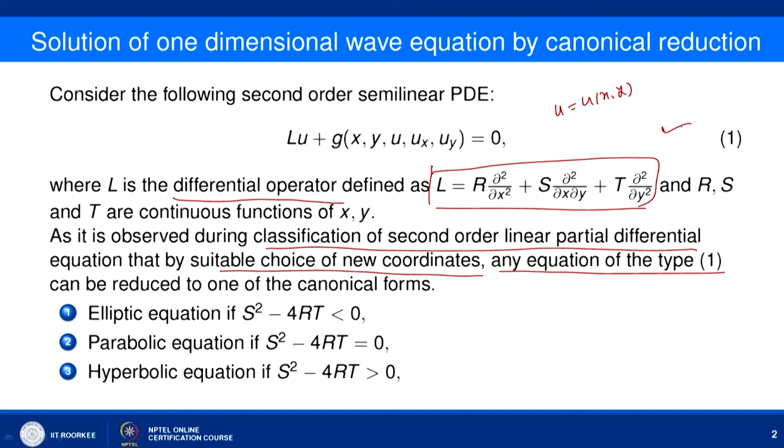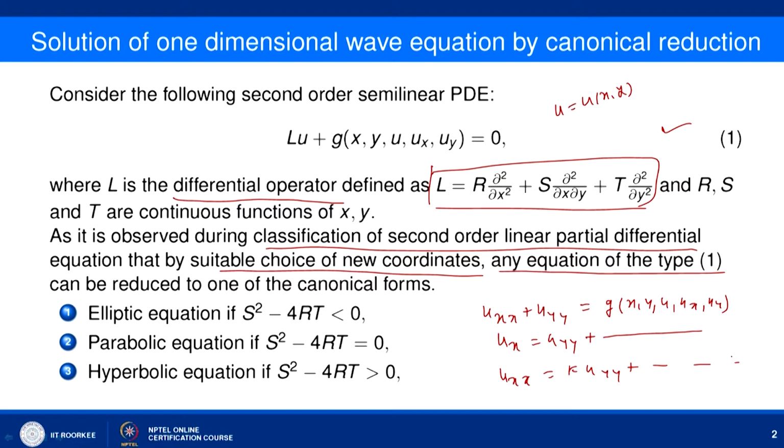That is the elliptic equation, with form uxx plus uyy equal to some function of x, y, u, ux, uy; the parabolic equation, say ux equal to uyy plus g; and similarly the hyperbolic equation, uxx equal to some constant times uyy, and so on.